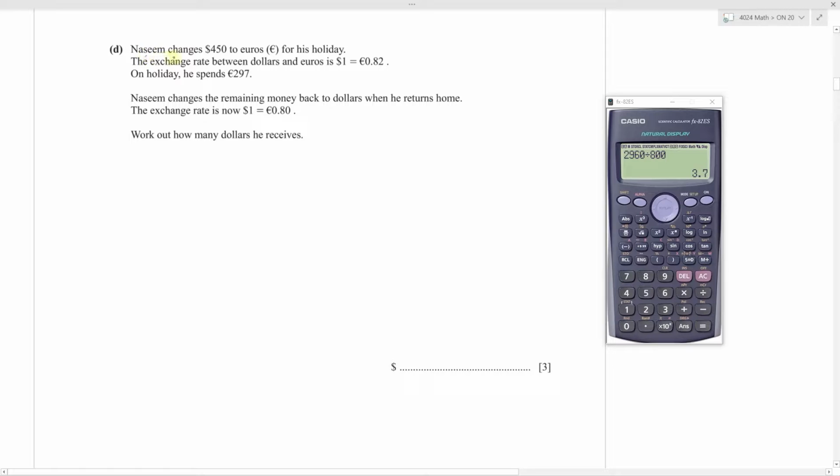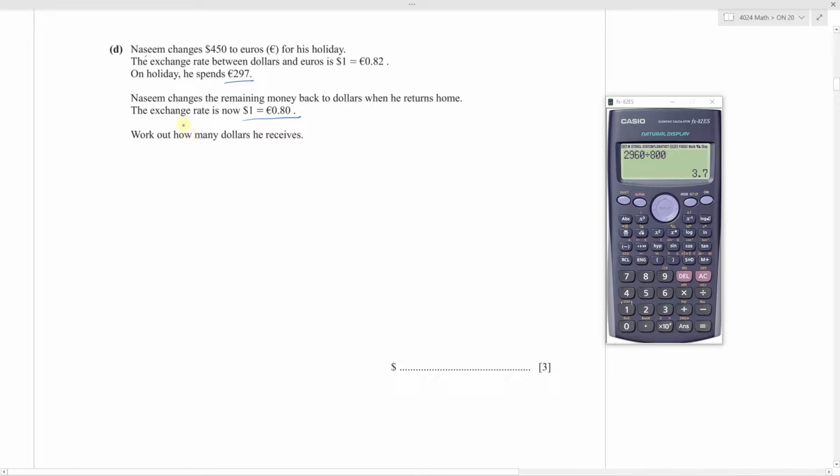Part D is Naseem changes $450 to euros for his holiday. The exchange rate between dollars and euros is $1 equals 0.82 euros. On holiday, he spends 297 euros. Then he changes the remaining money back to dollars when he returns home at this exchange rate. Work out how many dollars he receives.